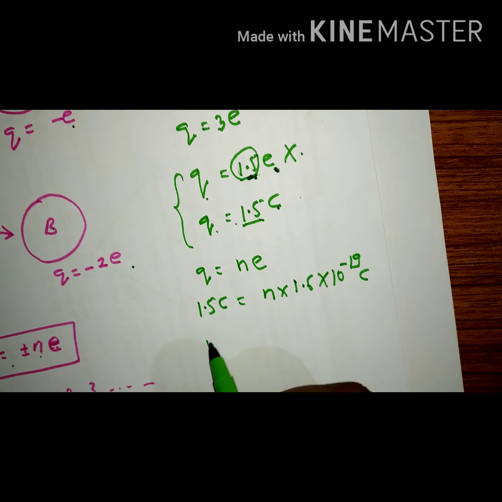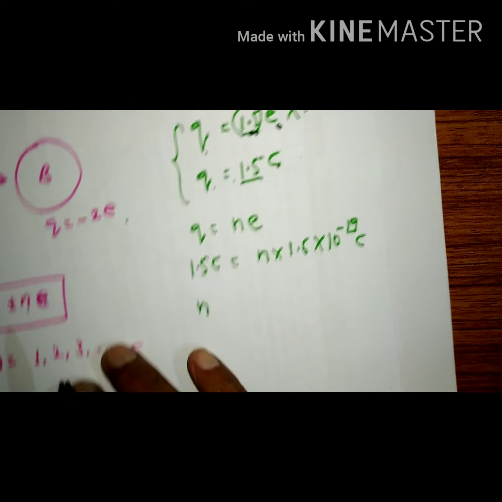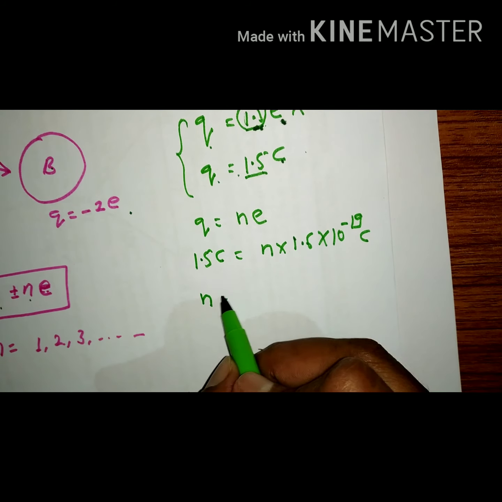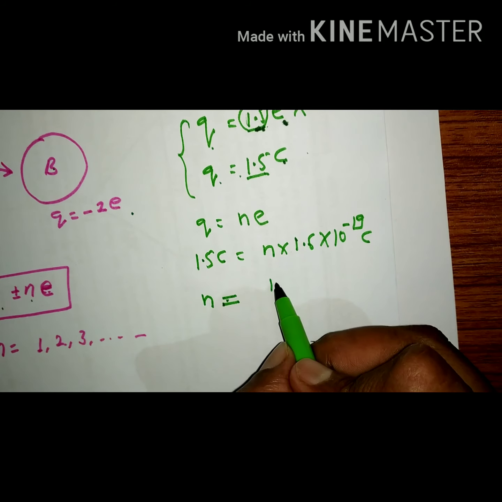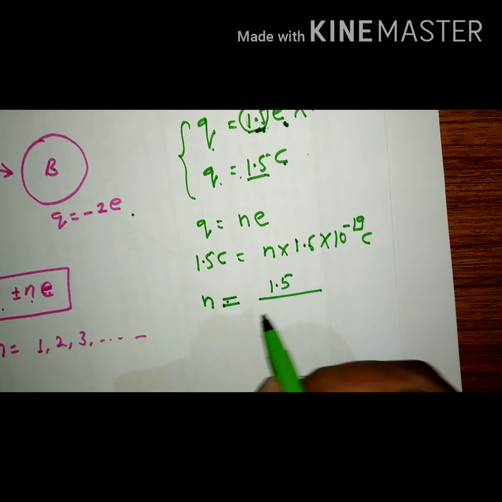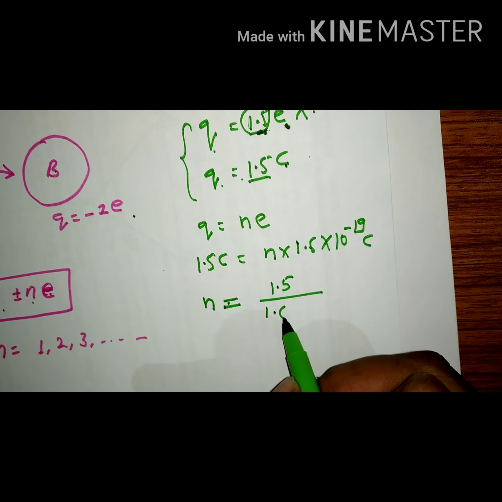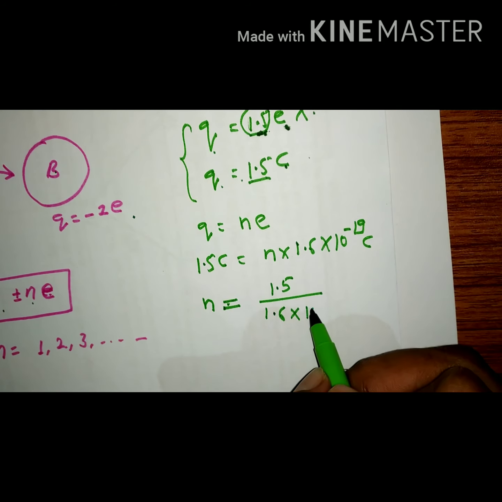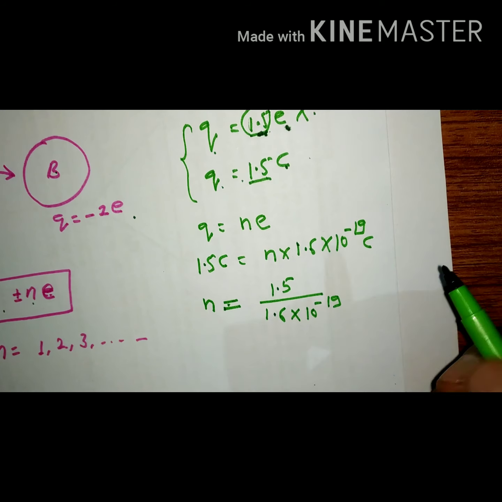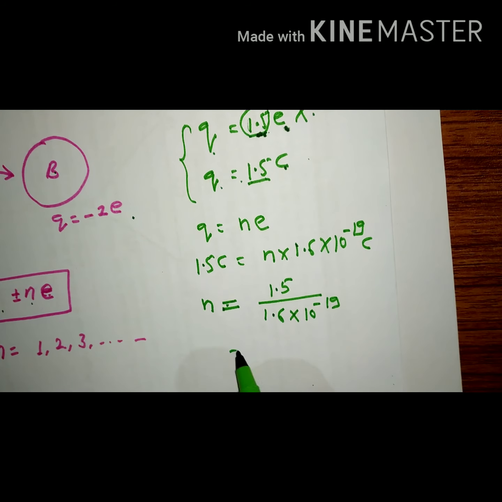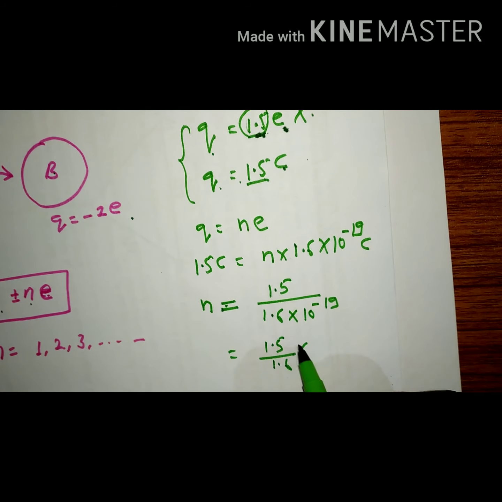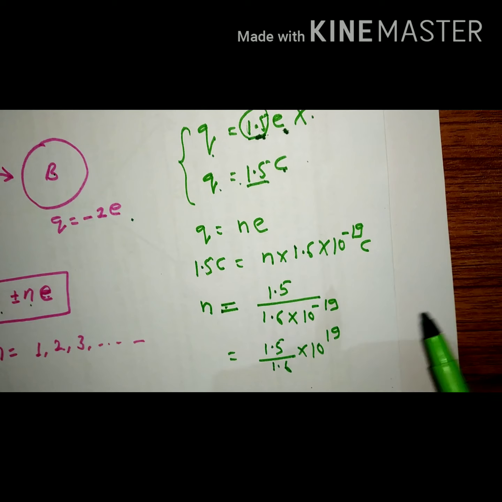Now, to find the value of n, we calculate 1.5 divided by 1.6 into 10 to the power minus 19. This will result in 1.5 upon 1.6 into 10 to the power 19.